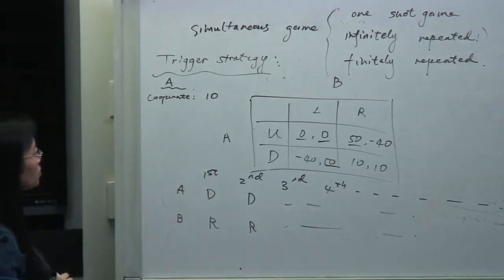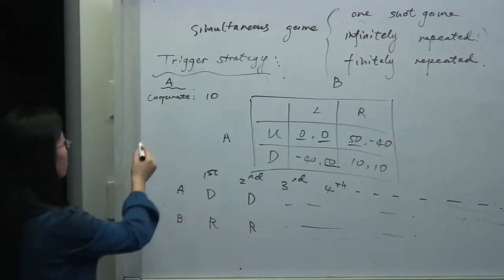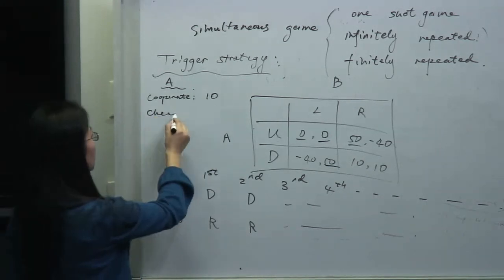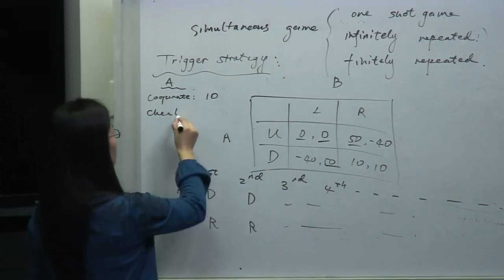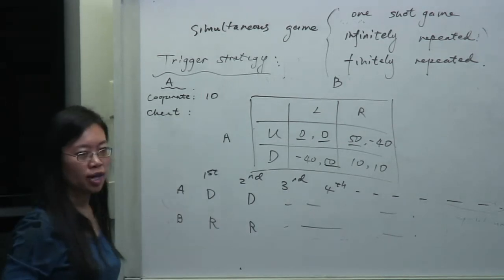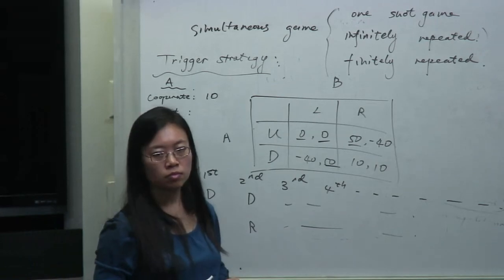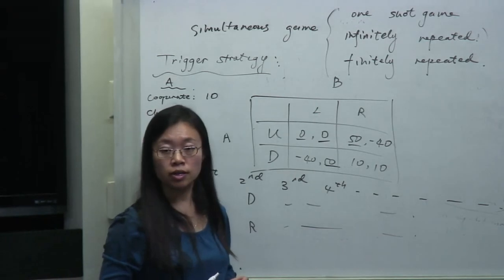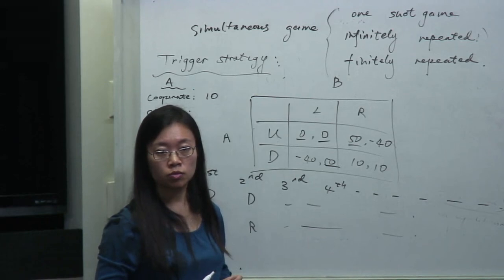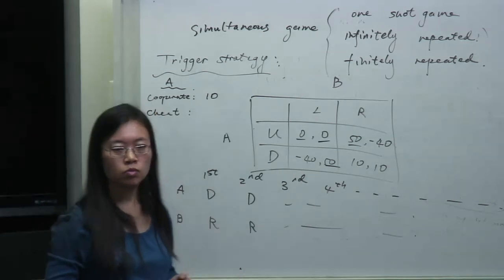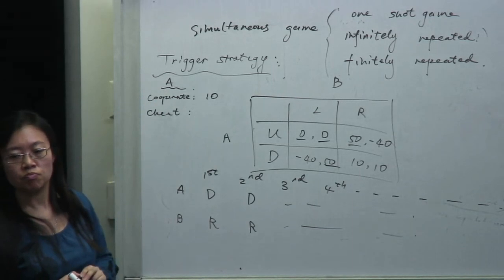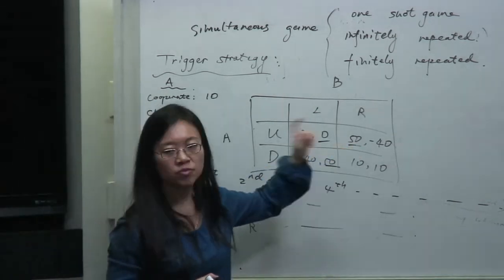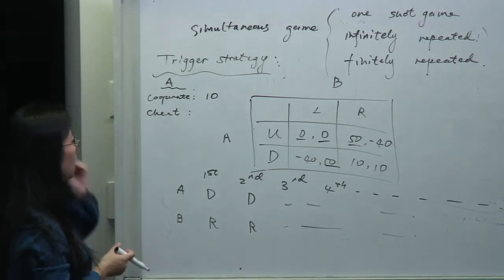But if they cheat, what are they going to get? If A cheats the first time, they're going to get 50. They can get a 50, but that's only for one time.